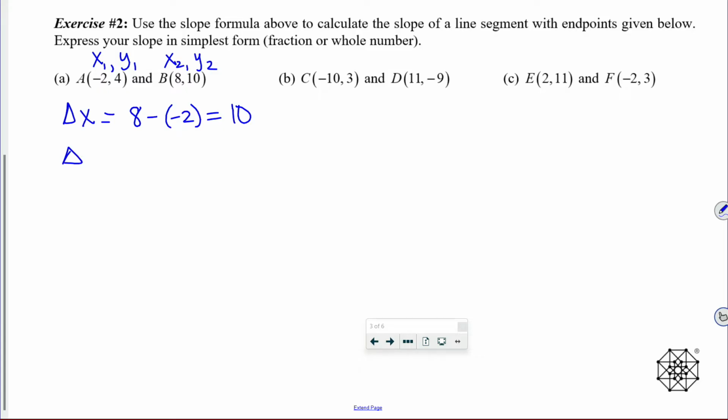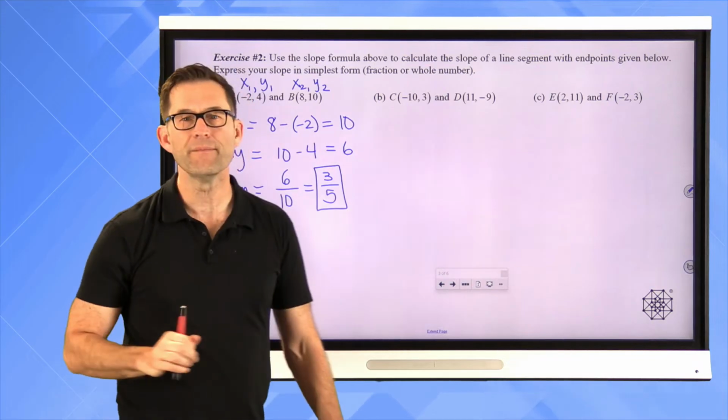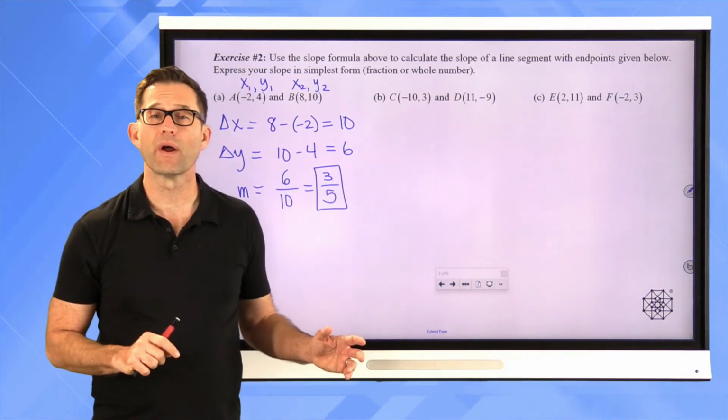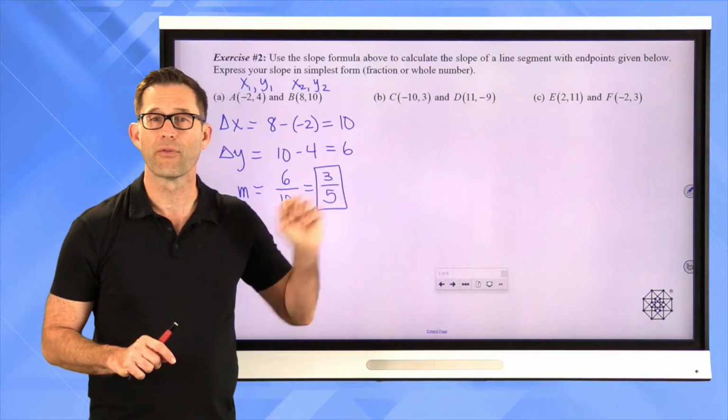My change in y is going to be then 10 minus 4, which is 6. So my slope is going to be 6/10, which reduces down to 3/5. All right, again, interpreting this, for every 5 units that x gets larger, y goes down 3 units.